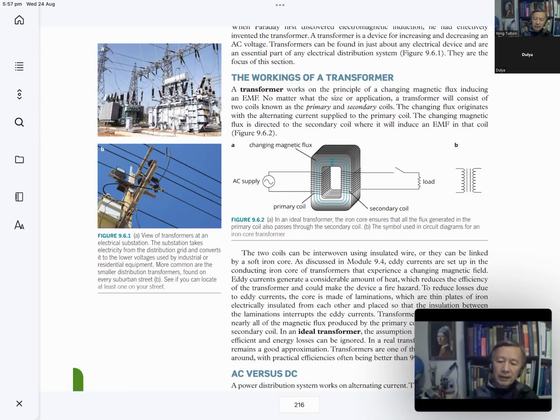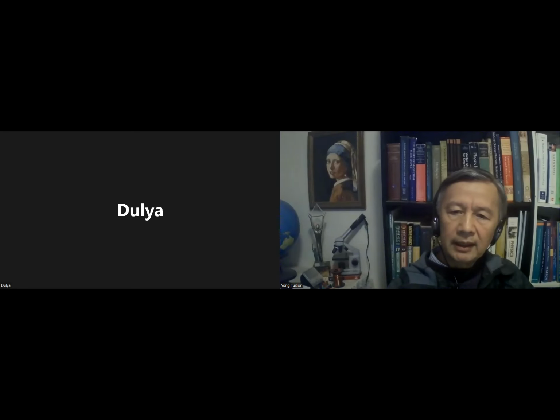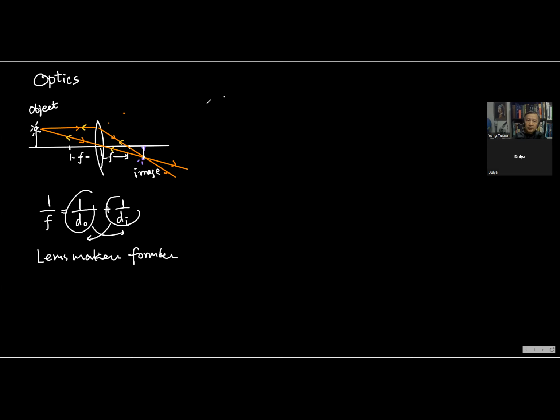Can we go to the whiteboard to discuss the transformer? Yeah, I think that is more important than the Feynman diagram. So if you just use this diagram here, this is optics, this is a transformer.